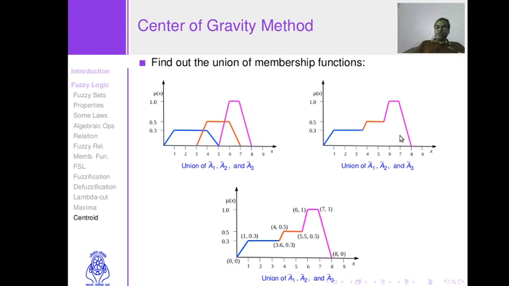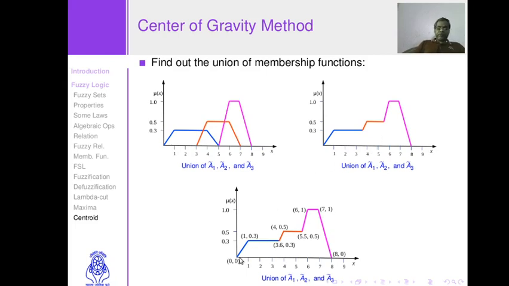This is the final curve after the union. With the help of color you can easily understand what we have done. Here all the three membership functions are put together, we keep the outer curve, and we remove all the inside curves, and we get this.